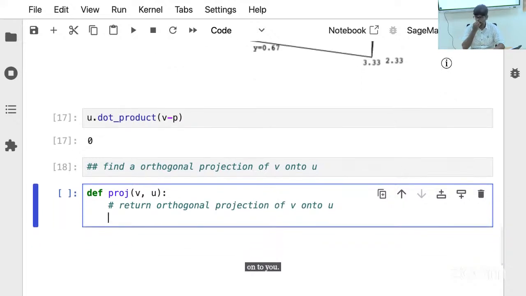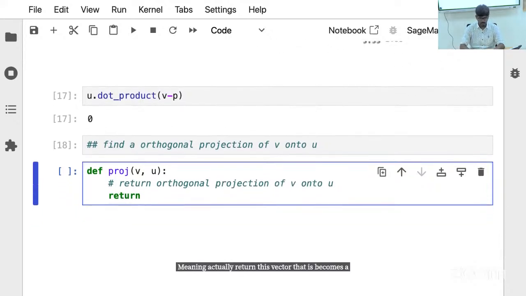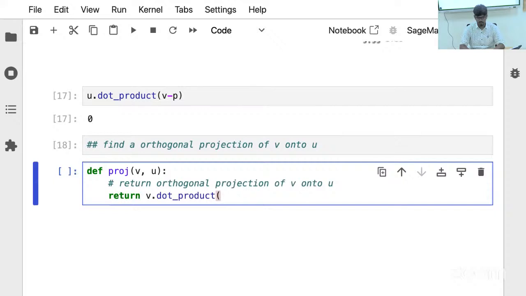Now this is simple linear algebra. It says you try finding the vector that becomes the orthogonal projection, right? What is that? You would have to do a dot product of V onto U, and then you multiply that with the U. That's going to be the orthogonal projection.